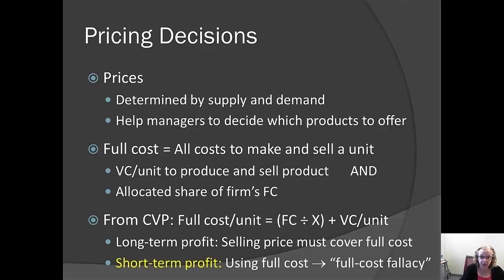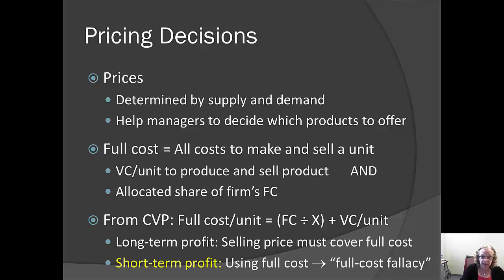So a short-term decision to sell a few more units or a few less units will not affect fixed cost, and we do not have to allocate fixed cost to those short-term units if we don't want to, because if we say no to making and selling those units, our fixed costs will still be the same. Remember, an allocated fixed cost is not the same as a variable cost.